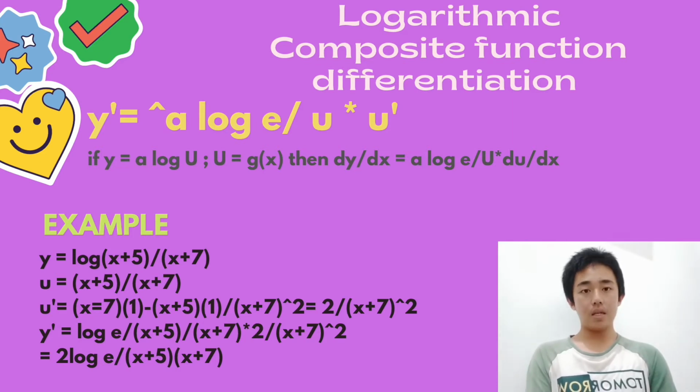So the answer for dy/dx is 2 log e by (x plus 5) times (x plus 7).